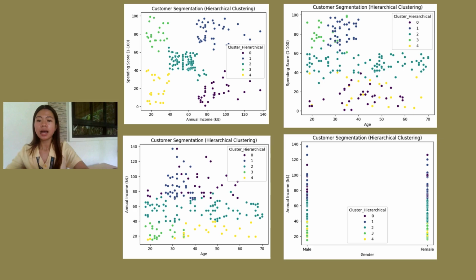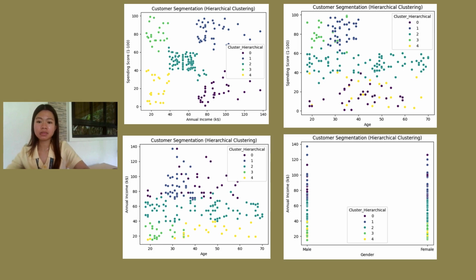Combining these two helps identify groups like high income, high spending customers or low income, low spending customers. As we can see earlier, mas cluster sa annual income versus spending score, unlike sa ibang features na nakita natin, overlap yung iba. Tapos, halo-halo sila. So as I can say, hierarchical clustering is an effective tool.